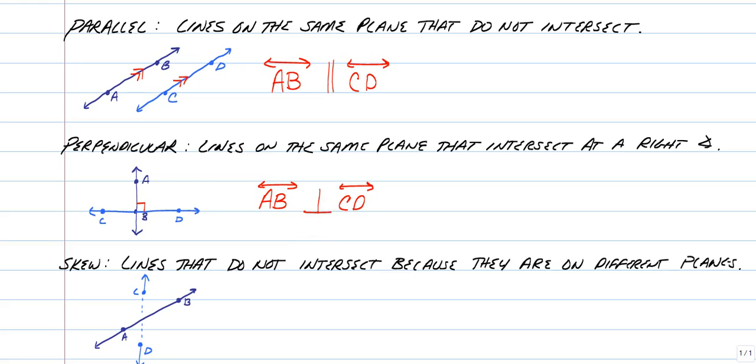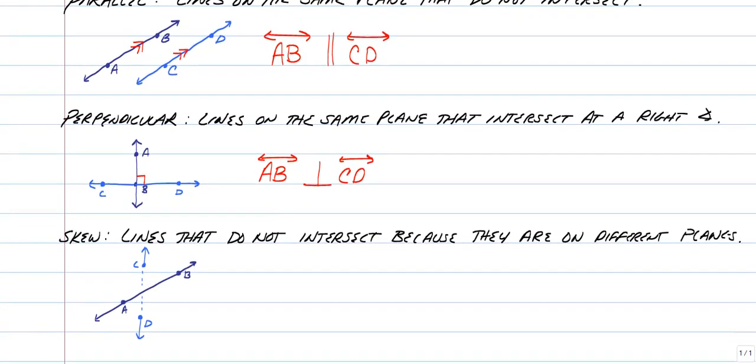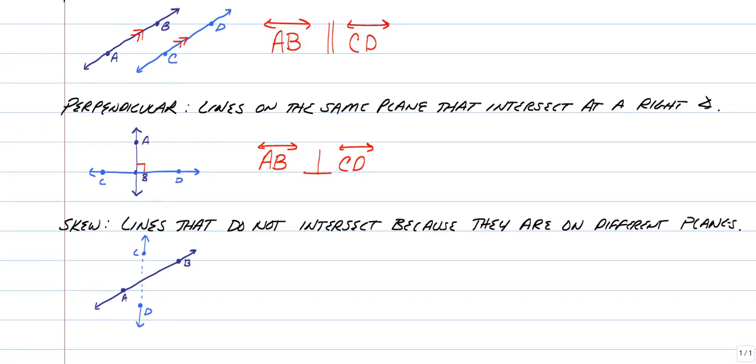All right? Now the last set of lines is very tricky to talk about on a piece of paper. But basically they are lines that do not intersect because they're on totally different planes.